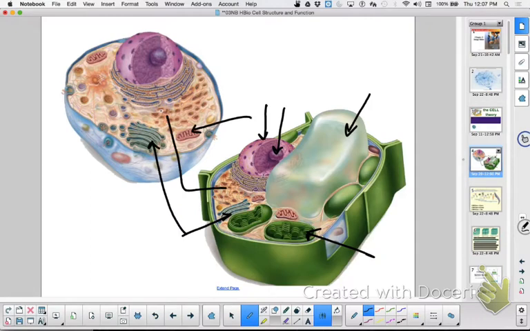What are these? Smooth ER. And this would be? Rough ER. Good. What would be this stuff right here? The cytoskeleton. And this is the? Cell wall. Good. What would be like little dots in here? Ribosomes. And these are? Centrioles. Okay? Good job.